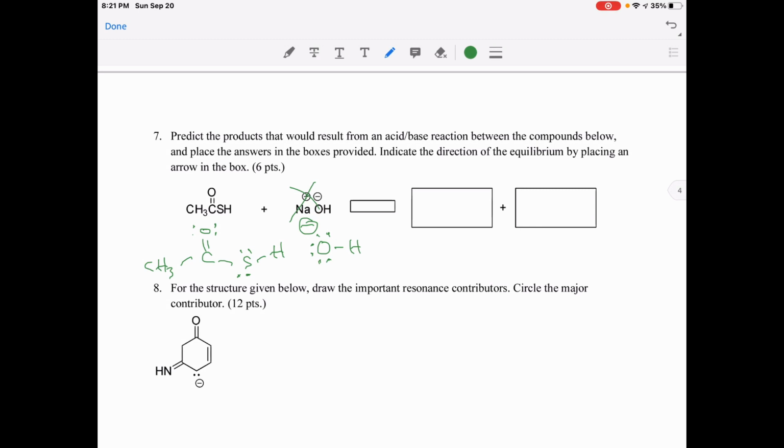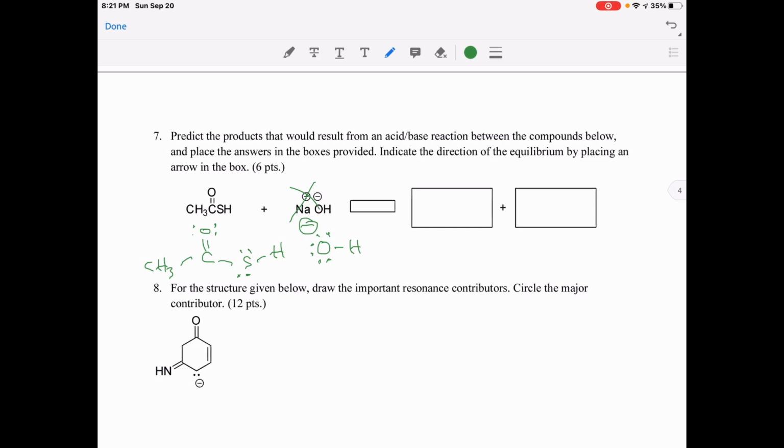It would still be shown in the products, but it just went along for the ride in the reaction, and it didn't actually contribute to any chemical change.